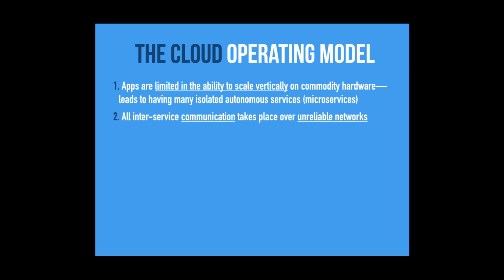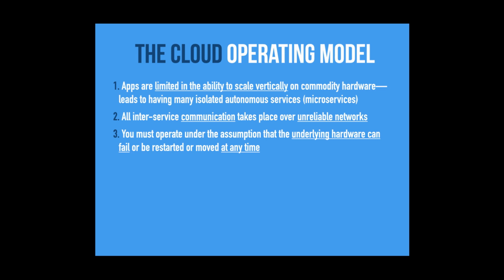The cloud operating model also means that all inter-service communication takes place over unreliable networks. And that's a big one, because that means that all bets are off in a way. You can start adding the bets back, but all bets are off when it comes to comparing it to running the system on a single node, the classic monolith, where we have a lot more guarantees in terms of communication.